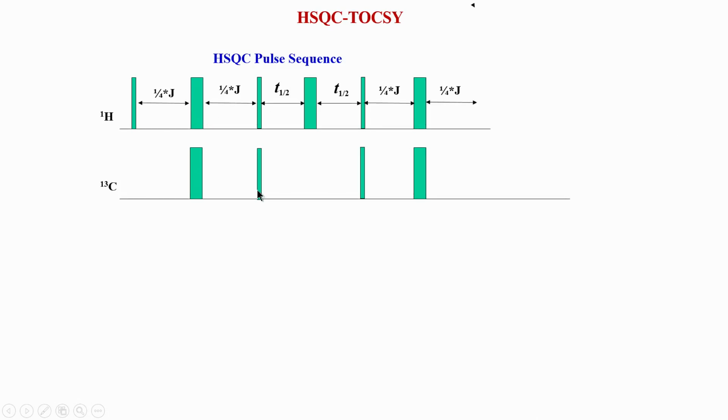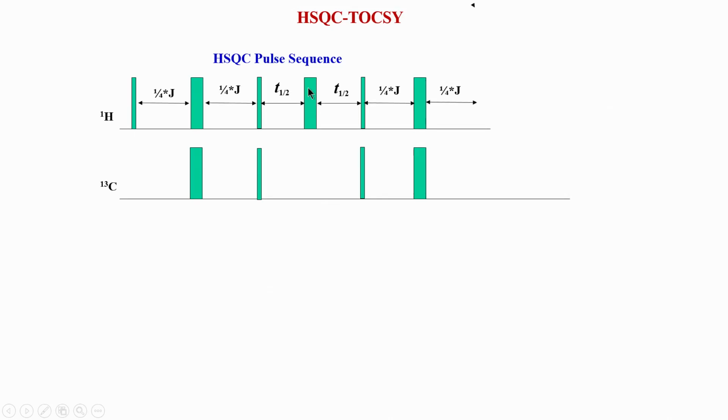Now, after this pulse excitation is over, we take the proton magnetization back to the z axis, and carbon is excited to bring it to the xy plane. During this period the carbon is in the xy plane and it evolves according to its chemical shift value, that is during T1 half plus T1 half, which combined becomes T1. Again, why have we split T1 into two parts?